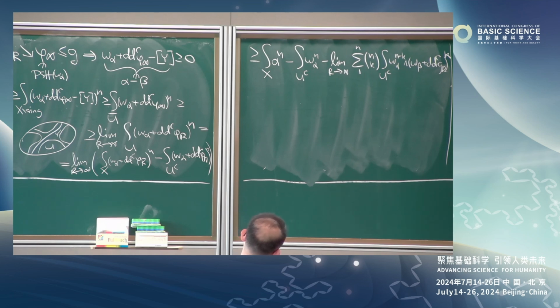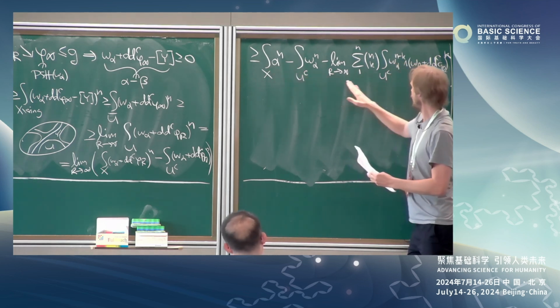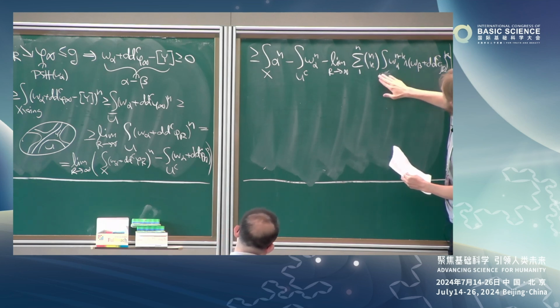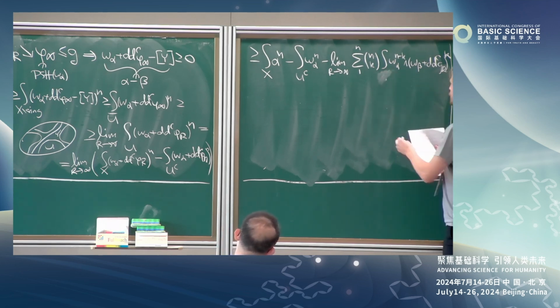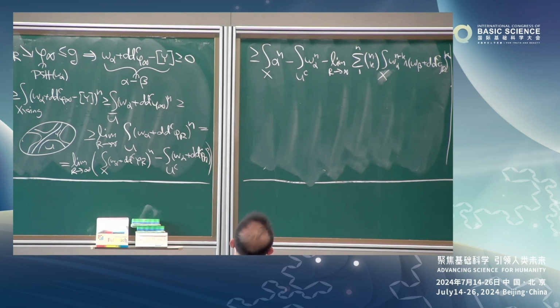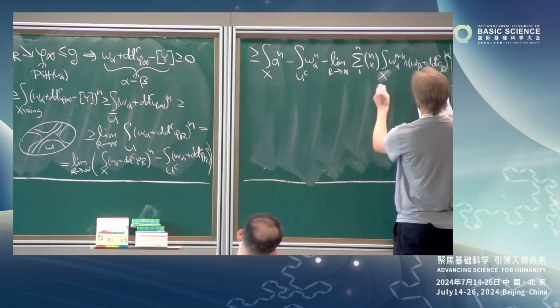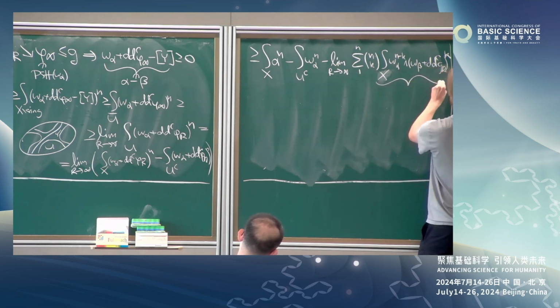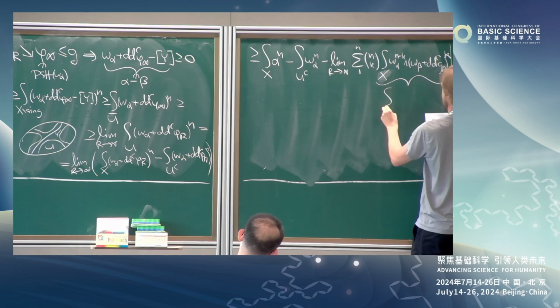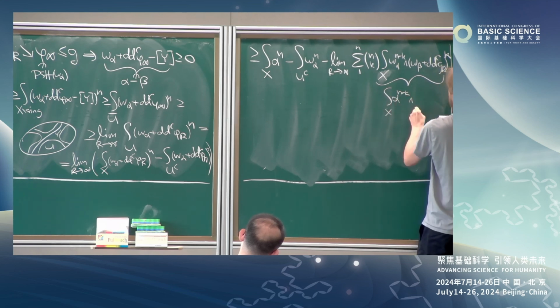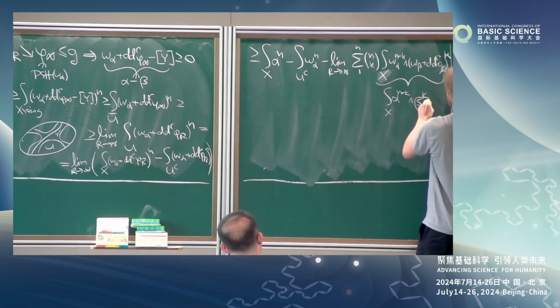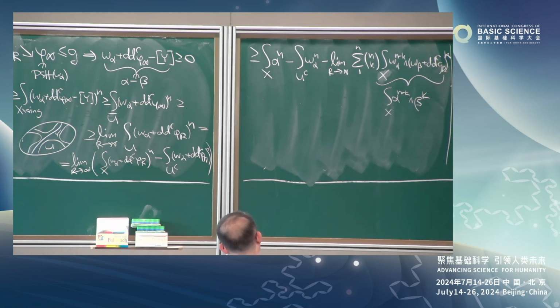Okay, but now you see here, the inequality just gets better by integrating over the whole of X. And now these things are nothing but these numbers that I had before.